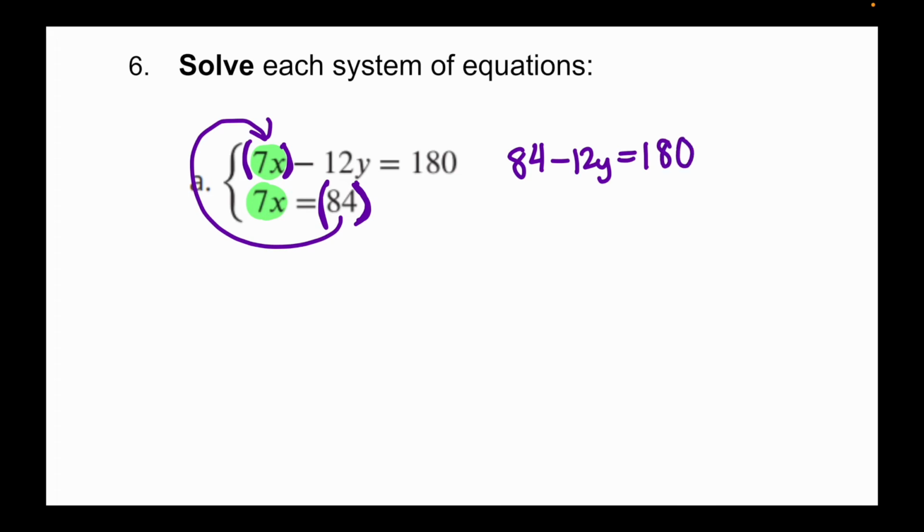We can subtract 84 from both sides, so negative 12y is going to be equal to 96. And then if we divide here by negative 12, we're going to get that y is equal to negative 8.